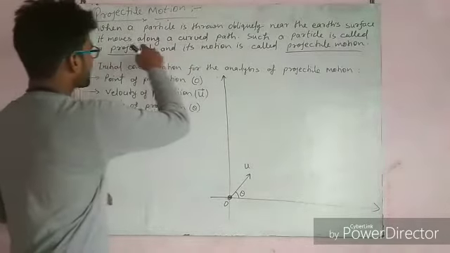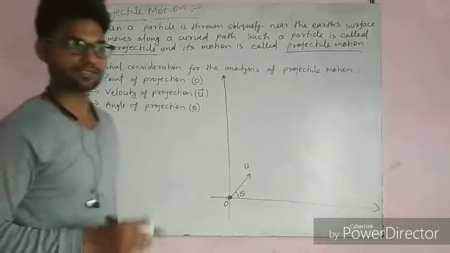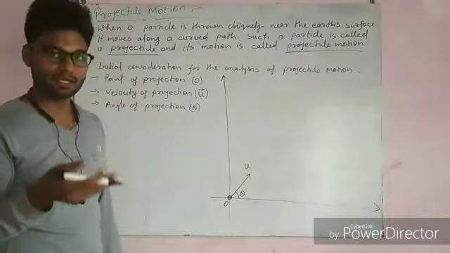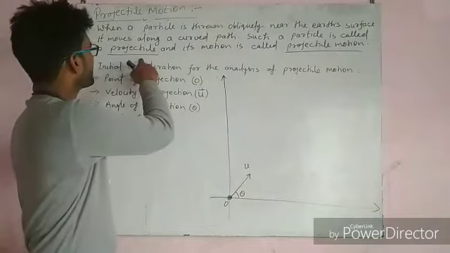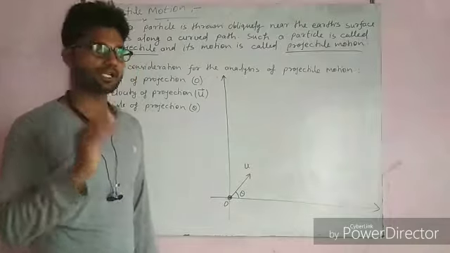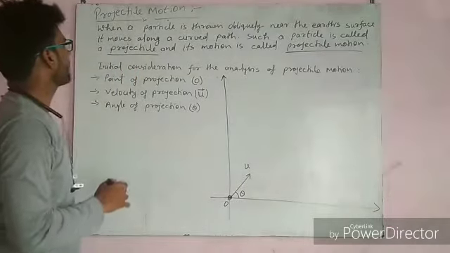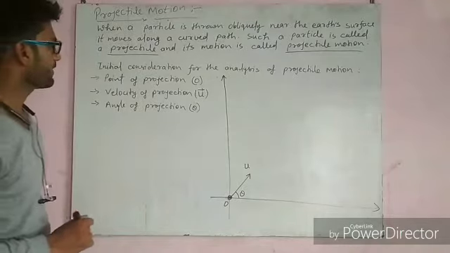So that particle will follow a certain curved path. Then that particle is said to be a projectile, and its motion is called projectile motion. So this is the quite clear definition of projectile motion, right?